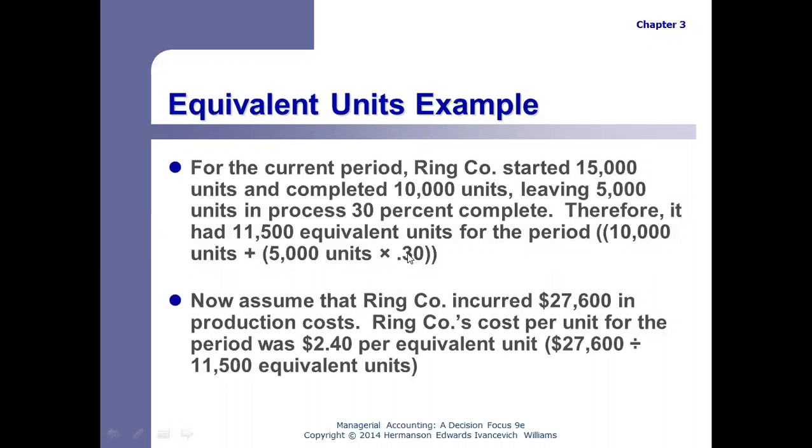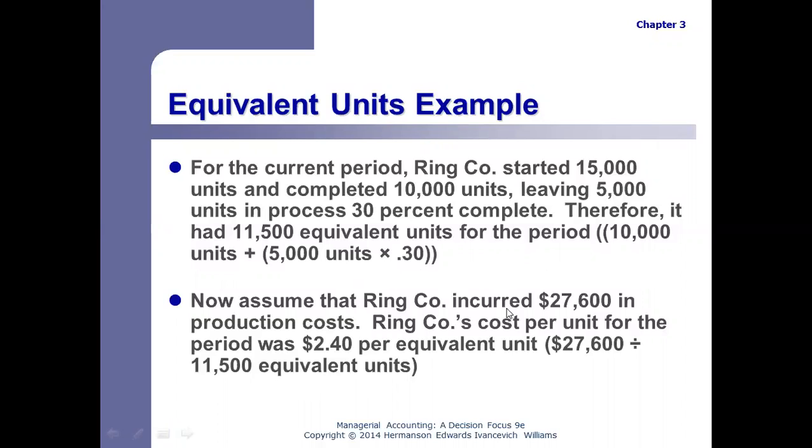If you're not completely done, you figure out what percent complete they are and multiply by the number of units left to be completed, and that gives you the full equivalent units. So 5,000 units that are 30% done is equal to 1,500 units that are totally done.